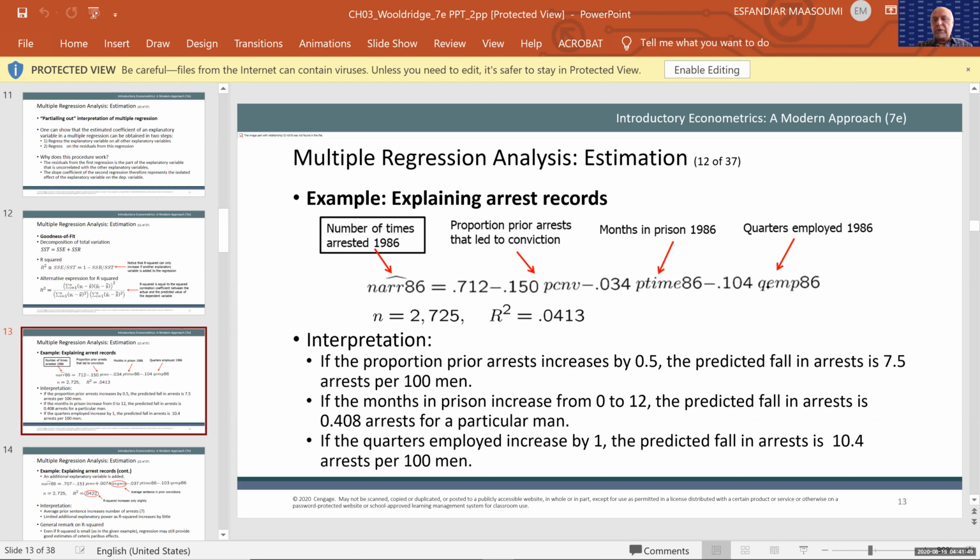You would think the more employment a person gets, the less likely they are to be arrested for committing crime. And if they've spent a lot of time in prison, they may not like that and commit less crime. And prior arrests seem to be a deterrent. People seem to learn. Not a very big R squared. And again, we'll learn to discover whether that's significant or not.